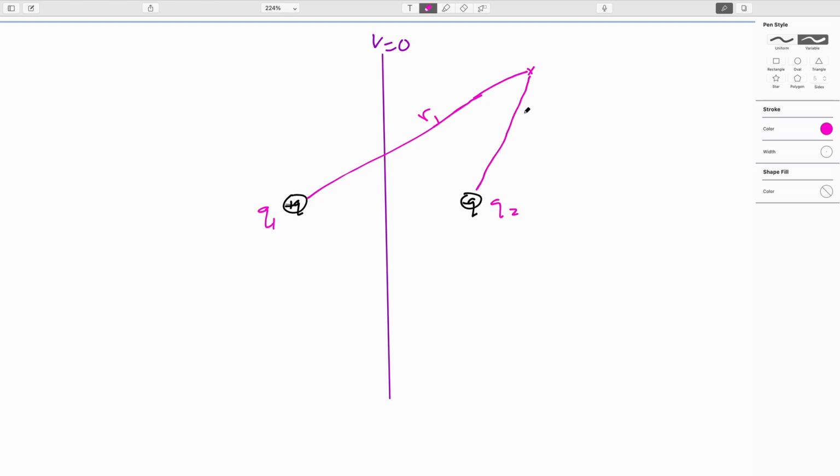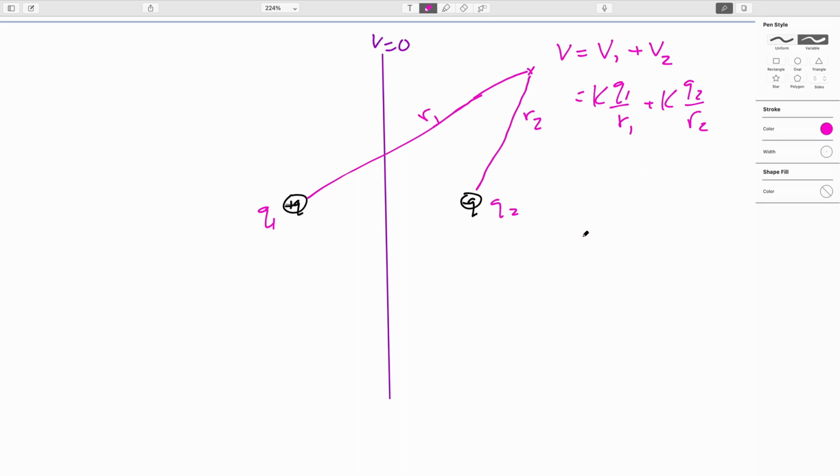That distance there would be R2. To get the voltage at this location, we would be adding up the contribution from charge number 1 plus the contribution from charge number 2. So this is going to be KQ1 over R1 plus KQ2 over R2.